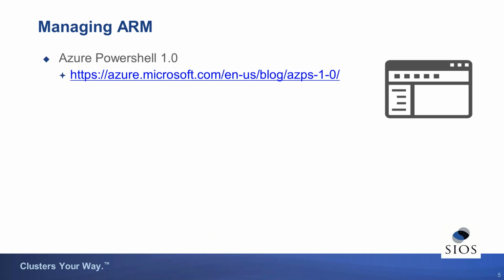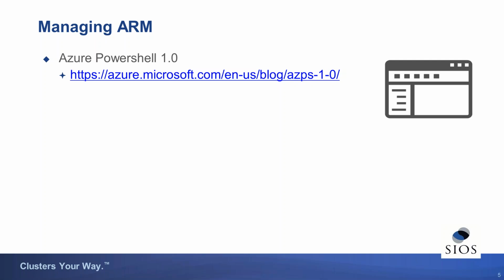options for managing ARM. The Azure PowerShell 1.0 is the latest release of the PowerShell that will manage ARM. Prior to Azure PowerShell 1.0, there were earlier versions of PowerShell. If you go out to this link here, you can download a version of PowerShell that's specifically made to manage your Azure deployment from your local workstation.